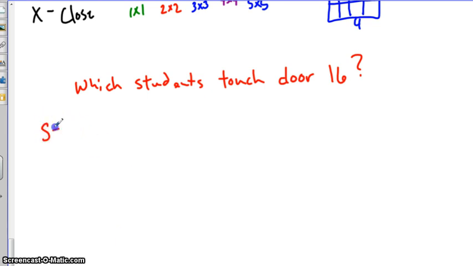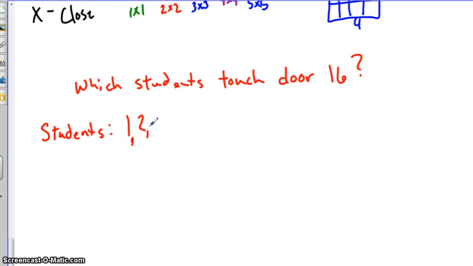So here's the number of the students. Student 1, he would have touched all of them. So we know he touched 16. And then student 2 went by and closed all of the even doors. So student 2 would have touched 16 as well.